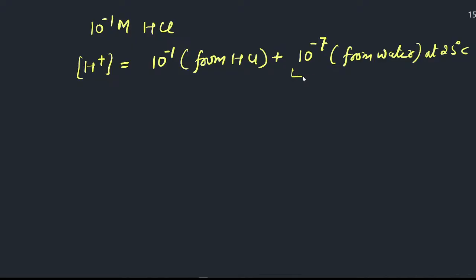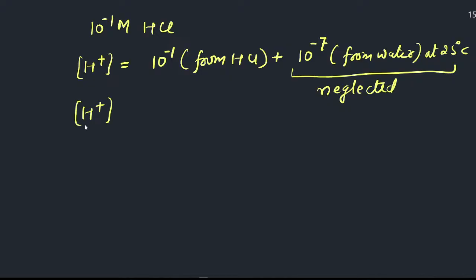But this is very, very less, so it is neglected. That's why we just write H plus ion concentration is 10 raised to power minus 1. So pH is equal to 1.